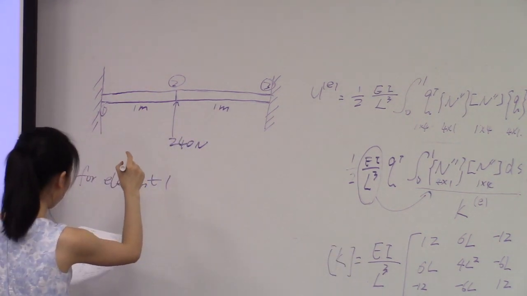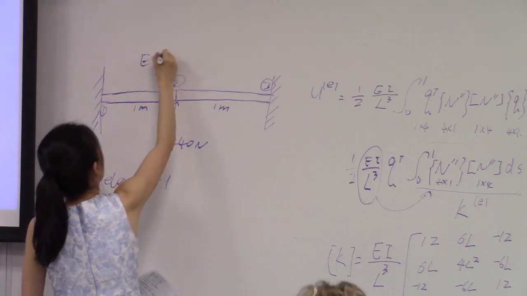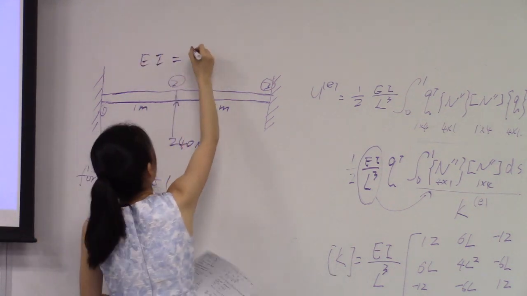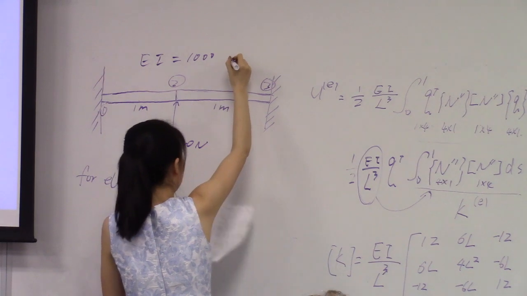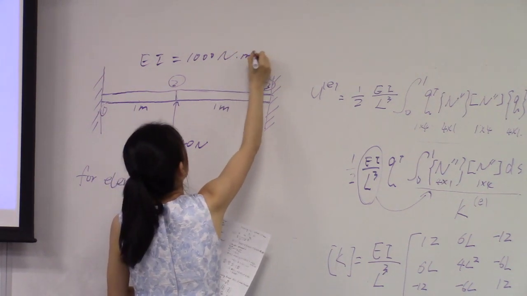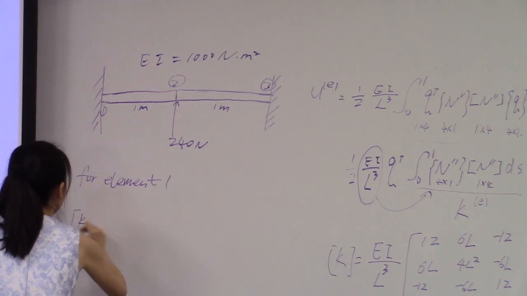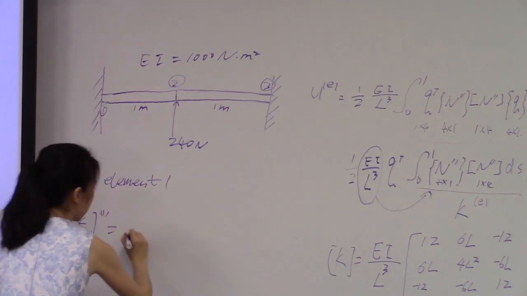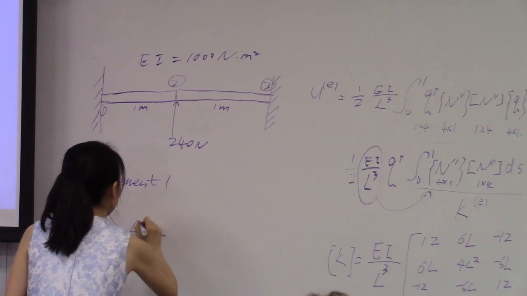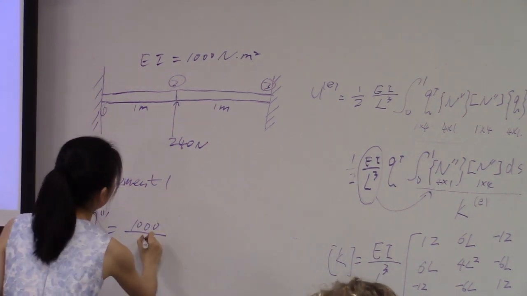For element 1, EI is equal to 1000 and L is equal to 1, right?